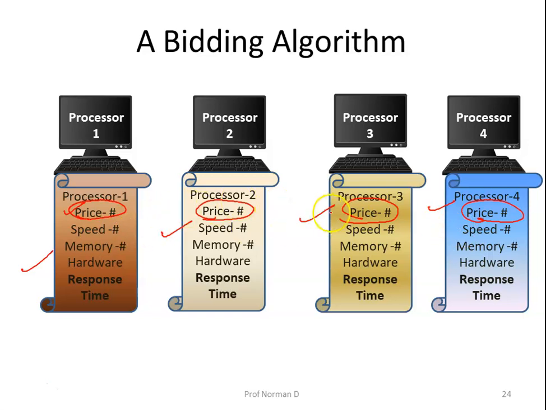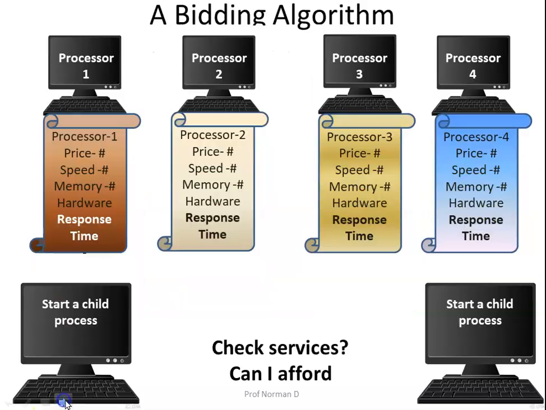Now, different processors may have different prices depending upon their speed, the memory, the hardware they have, and also the response time. Now, when a process wants to start a child process, now there are two machines and they want to start a child process on one of the workstations over here.